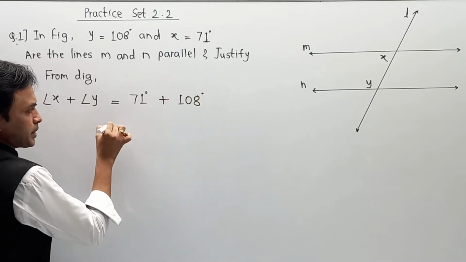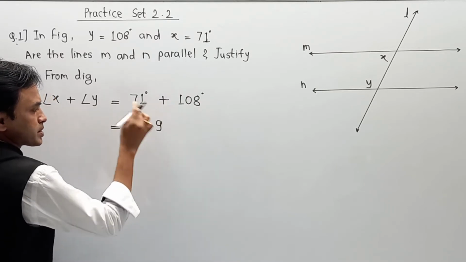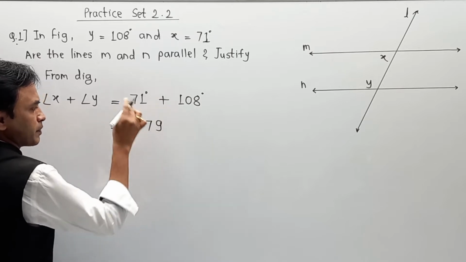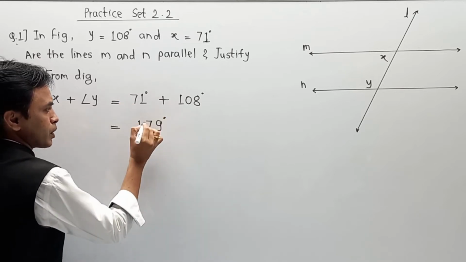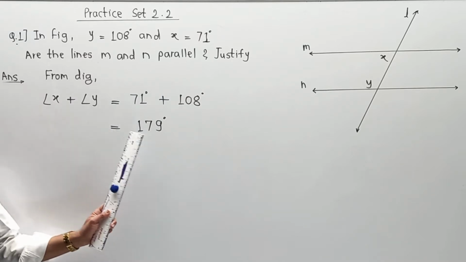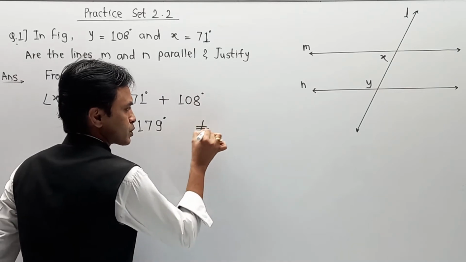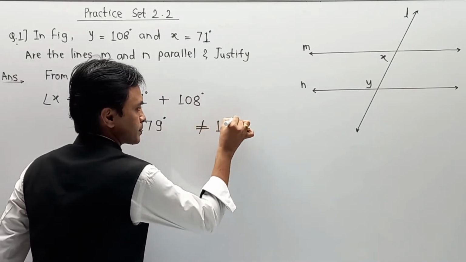If we do the mathematical addition, 8 plus 1 is 9, 0 plus 7 is 7, and 1 as usual, and this value becomes 179 degree. Means x plus y is 179 degree. Logically we can say that it is not equal to 180.